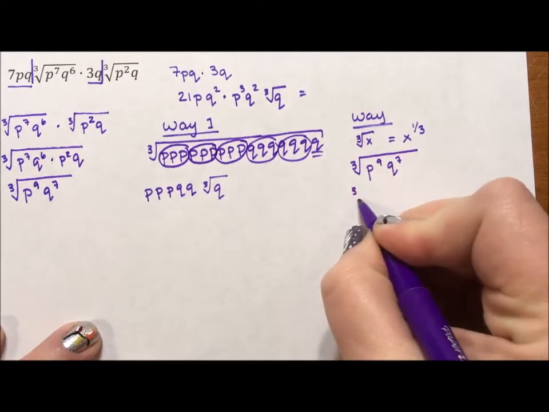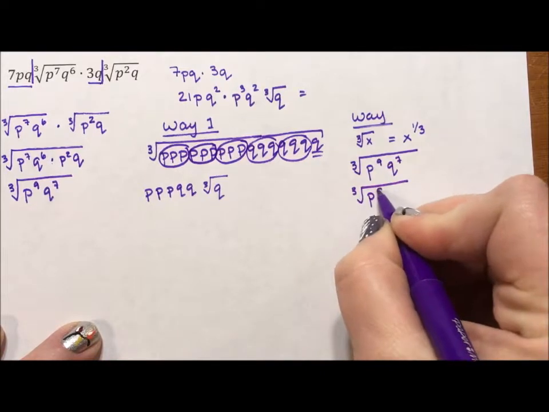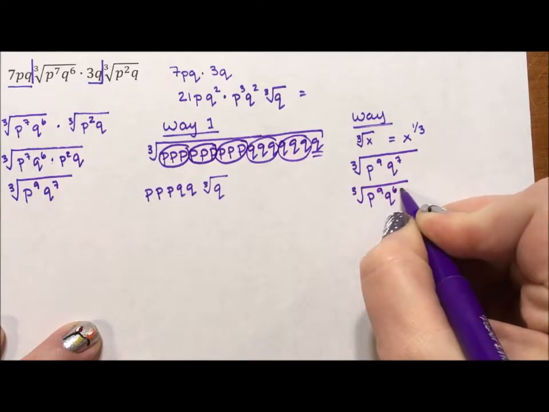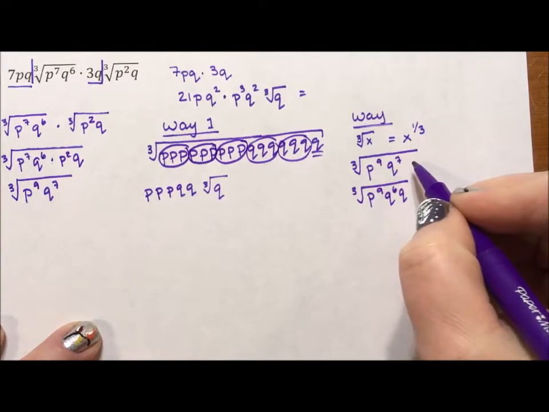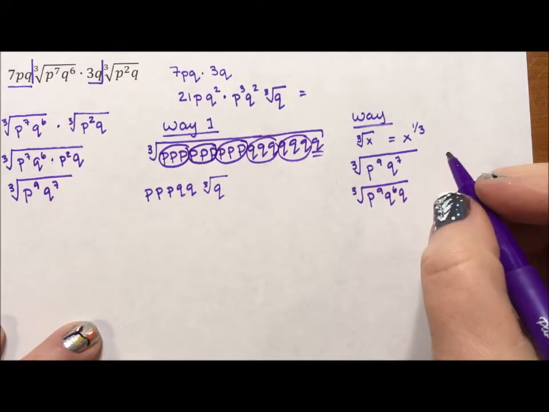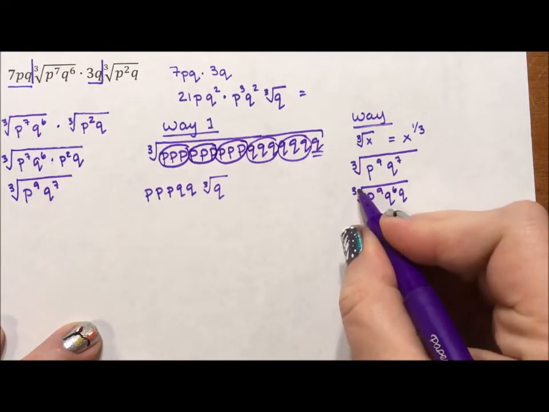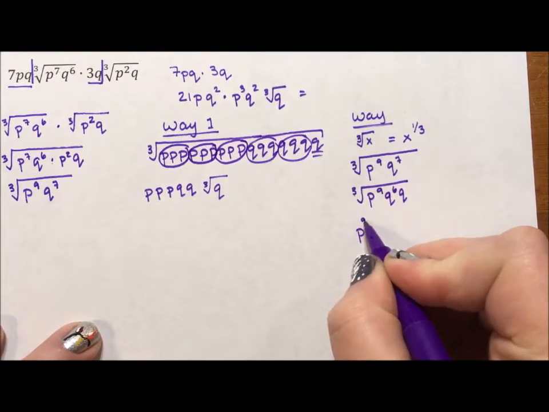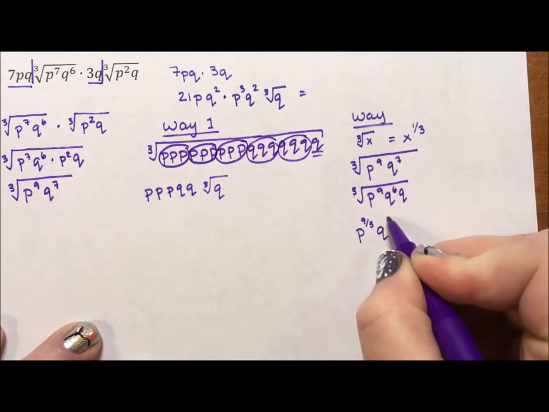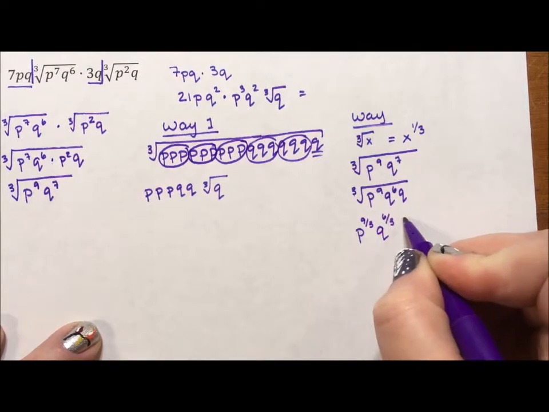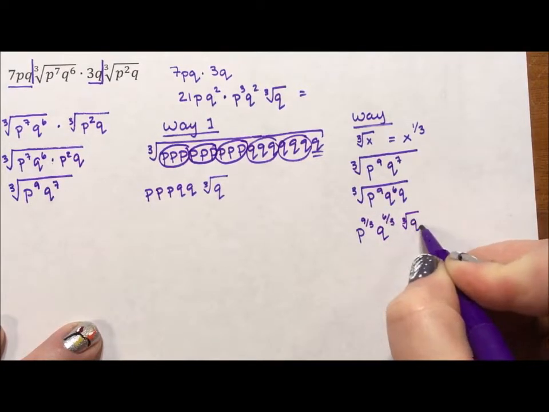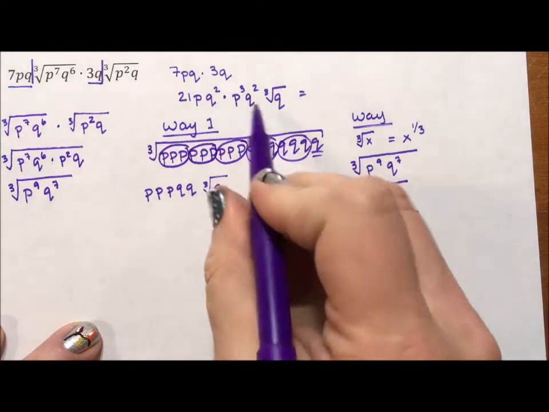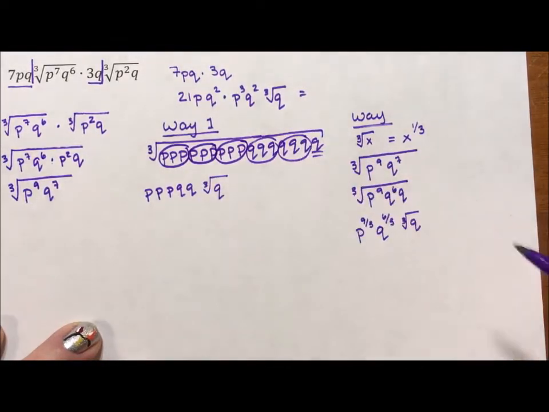So I'm just going to say the cube root of p to the 9th, q to the 6th, q, pulling off the one q that isn't divisible. Then we have, remember, this is the same as an exponent of 1/3, p to the 9/3, q to the 6/3, times the cube root of q, which brings us back to p cubed, q squared.